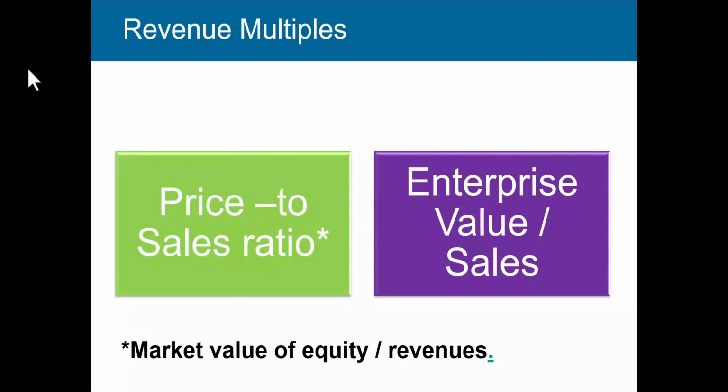Have you followed why enterprise value to sales is more consistent compared to price to sales? If you have not understood, just raise your hand. So in price to sales, the numerator is the share price, divided by sales.